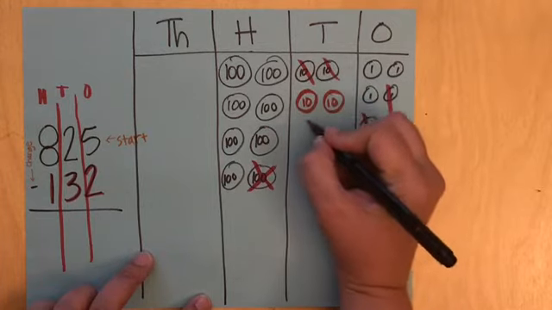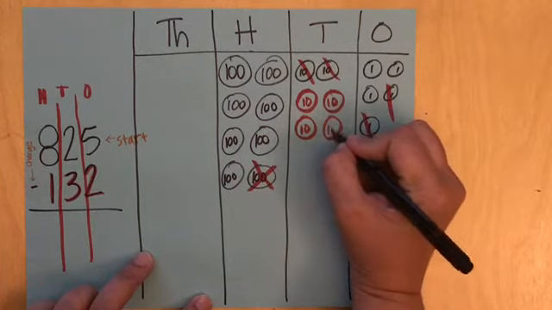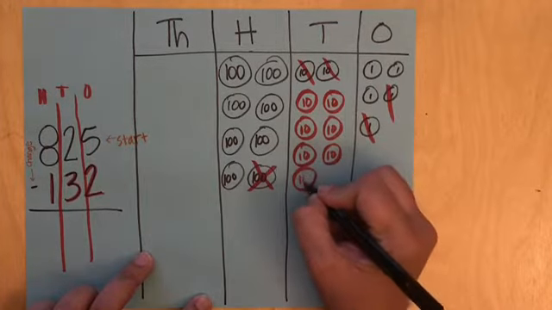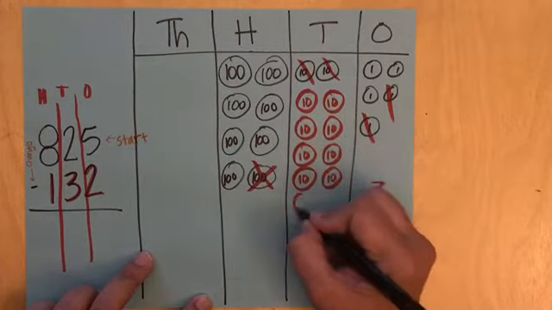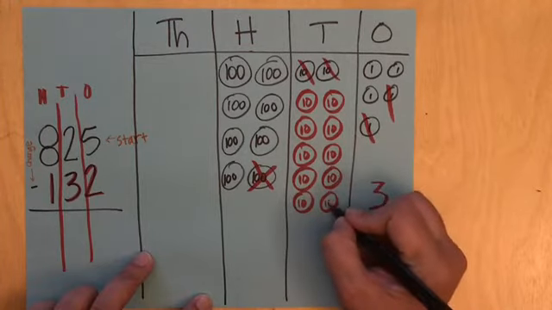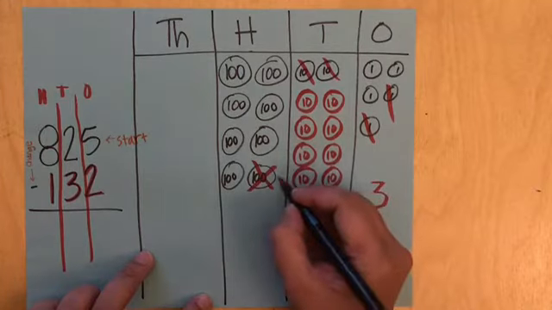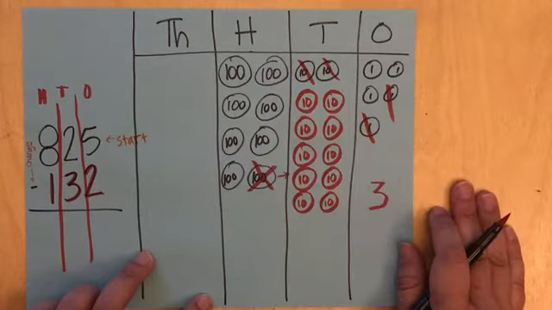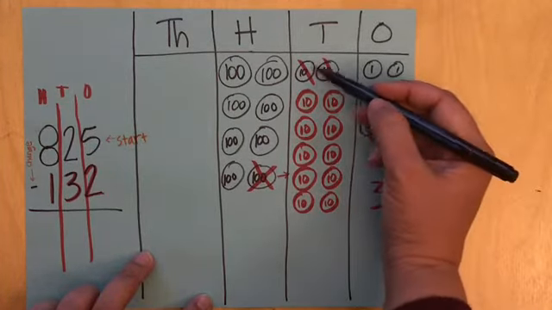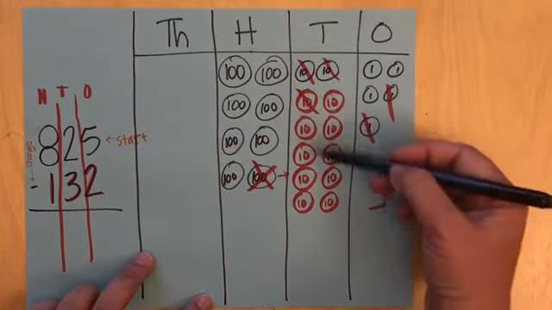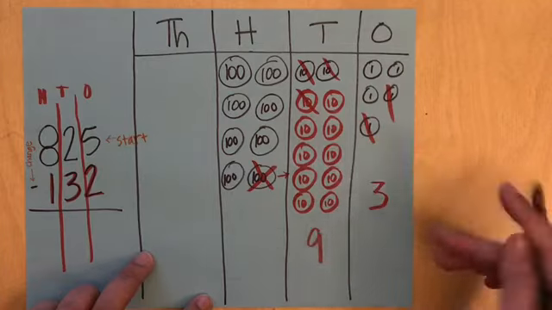So 10, 20, 30, 40, 50, 60, 70, 80, 90, 100. All right, so now we have 10 tens that we've unbundled. We've brought them over here, and now we can destroy them. So we took away 10, 20, and now 30. So we have 9 tens left over.